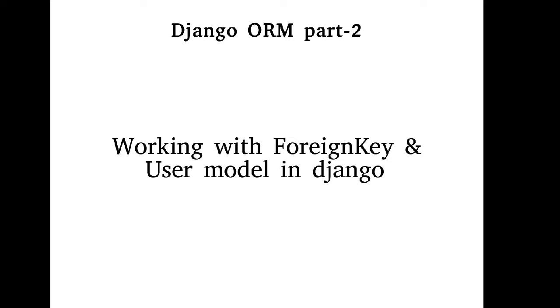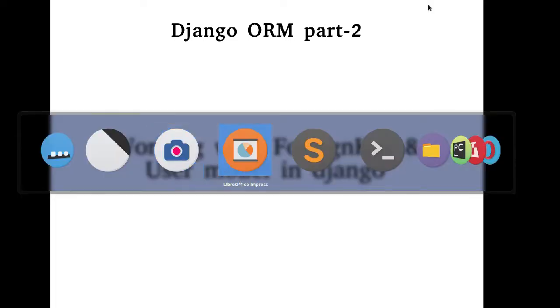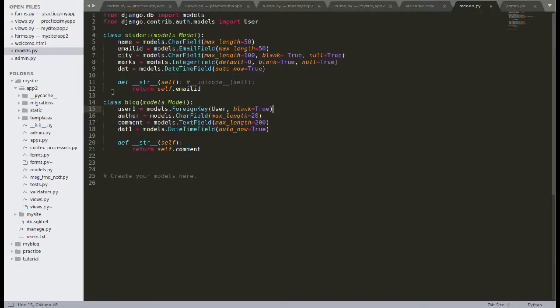There is a user table which is inbuilt in Django, and this table contains fields like username, password, first name, last name, and email ID. These are predefined tables, and we are going to use this. Here you can see there is a blog model which we have created, and in this table we have connected to the user table using a foreign key.